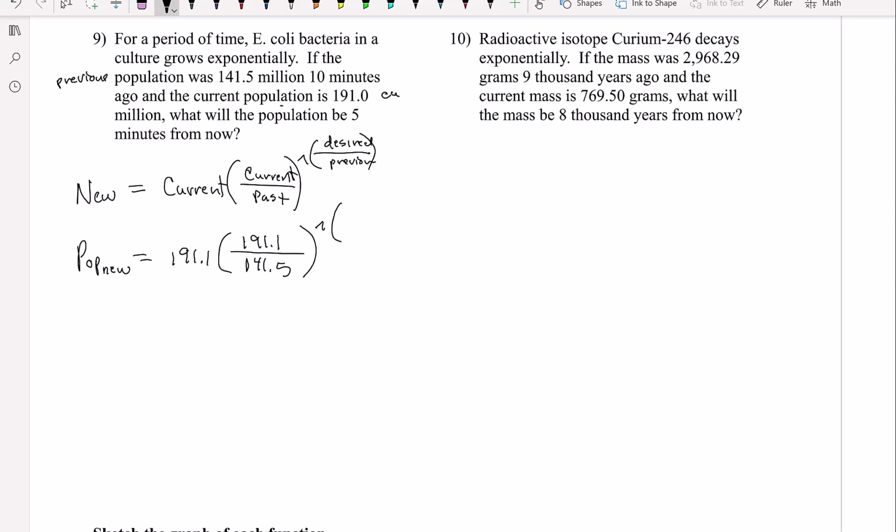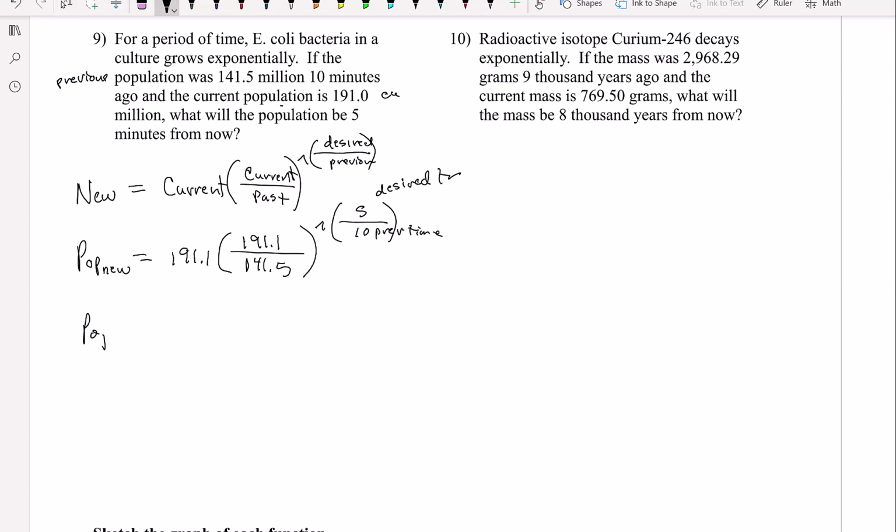And we're raising that to the, let's see, if the population was 10 minutes ago, so this was the previous time that they were talking about. And we want to know what the population will be, so this is the desired time. This is the previous time.